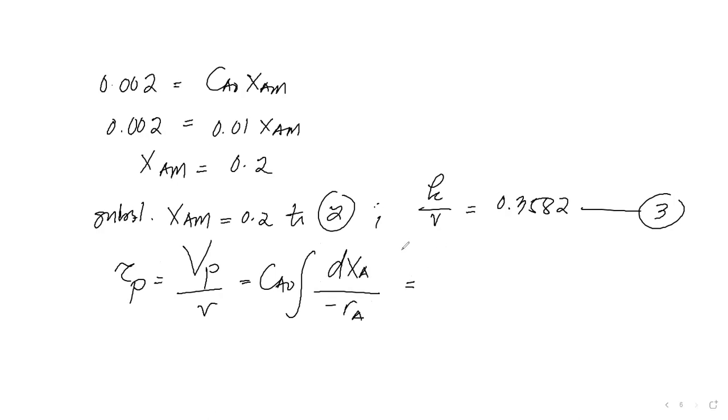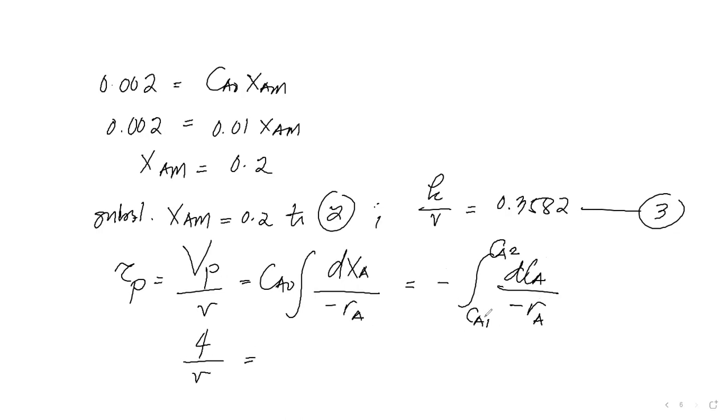But this could be changed in terms of concentration: CAO dXA is actually negative dCA over the rate. So you will have here in the plug flow reactor CA1 to CA2 as the limits of your integral. Your plug flow reactor is 4 cubic feet, so we divide it by V.